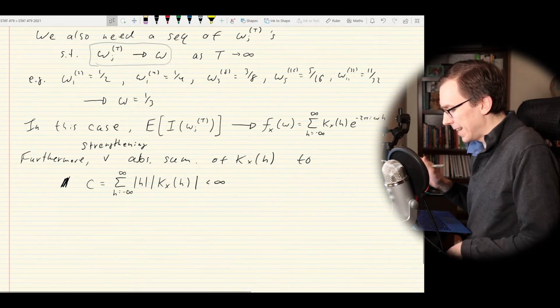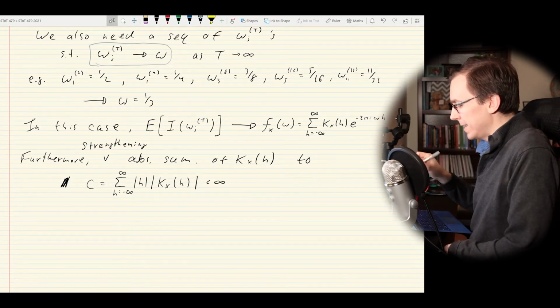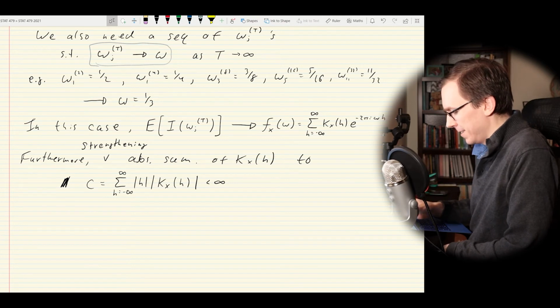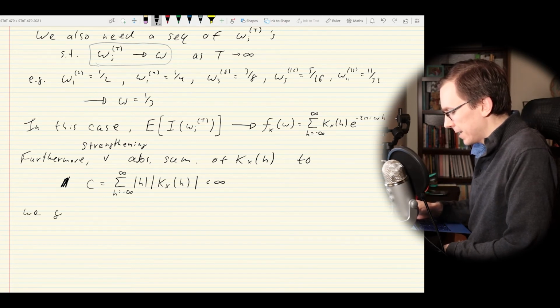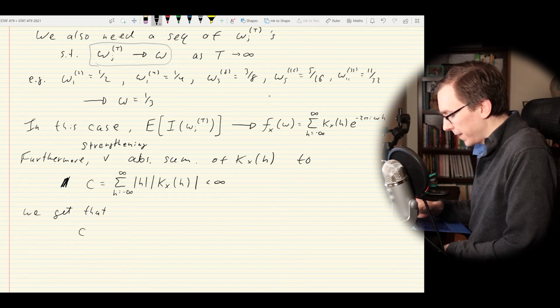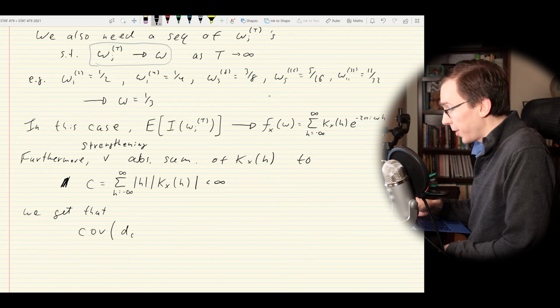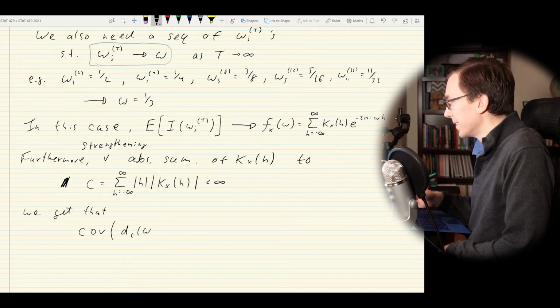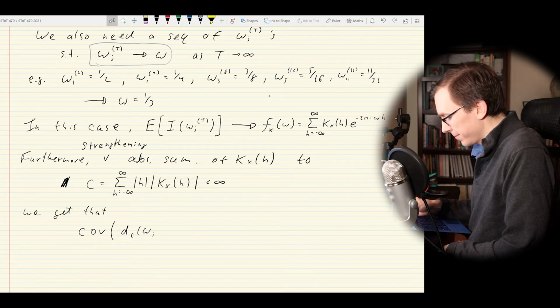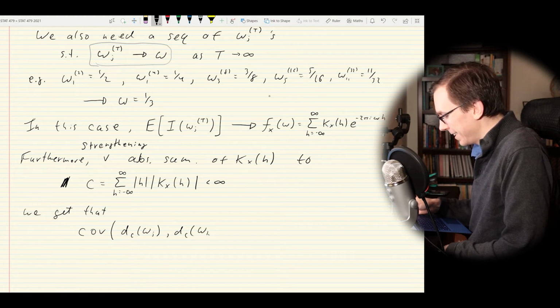So the point is that under a stronger condition on the autocovariance, we get that the covariance between the discrete cosine transform at some omega j and the discrete cosine transform at some omega k.